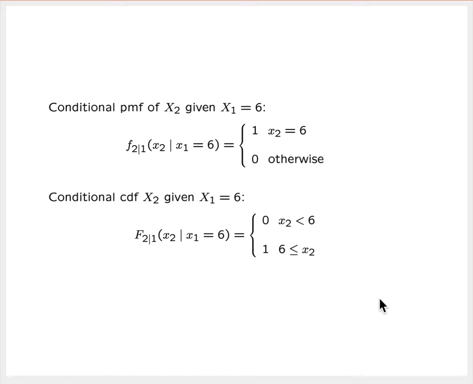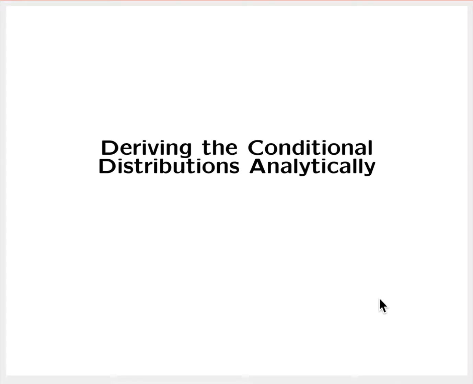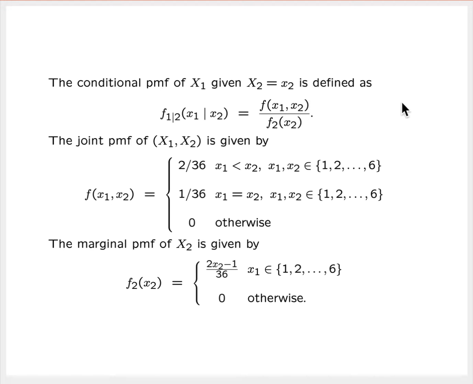We can also construct or derive the conditional PMFs analytically, if we so choose. And so let's see how to do that. So let's first look at the conditional distribution of x1 given x2. Remember that the conditional PMF of x1 given x2 is defined in the following way.